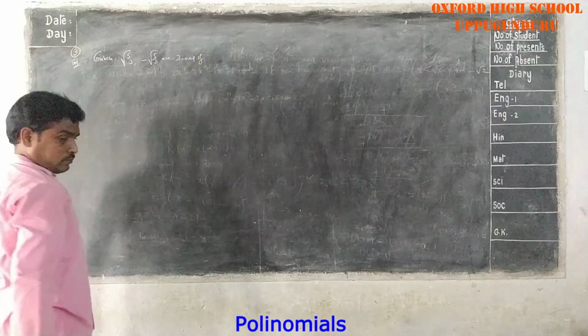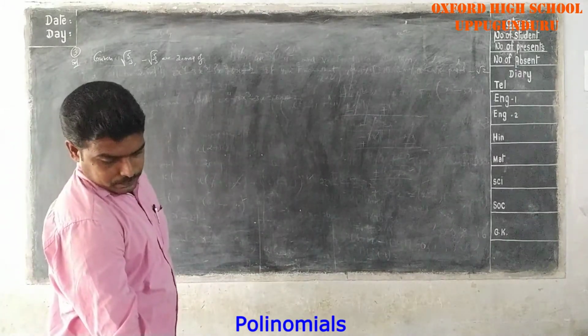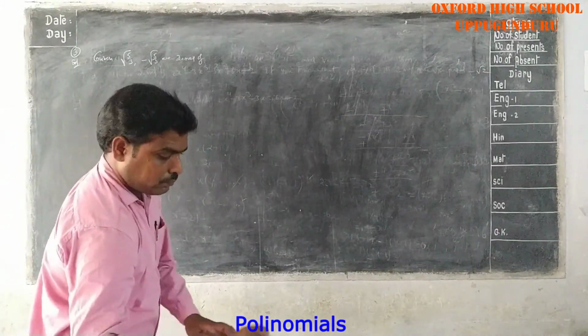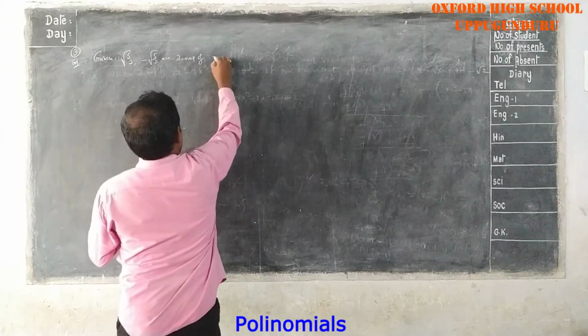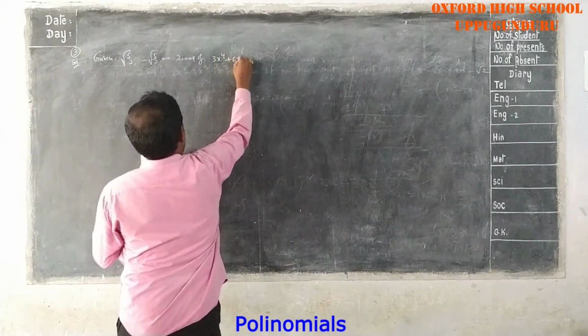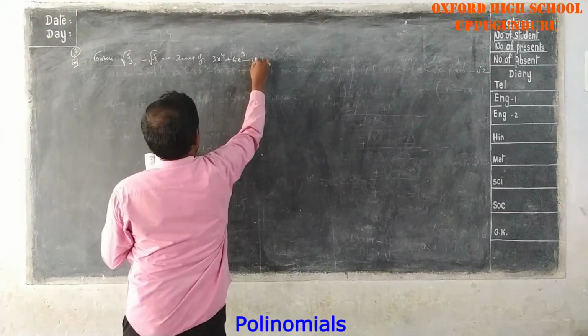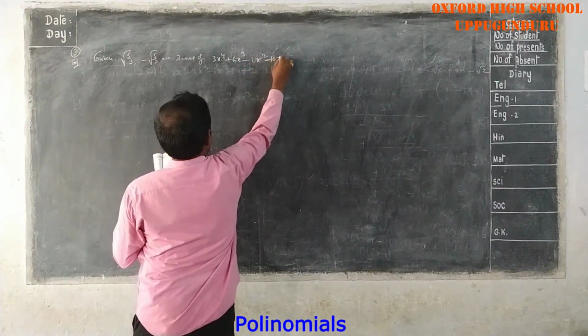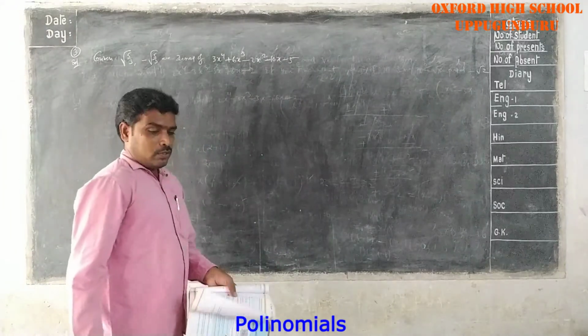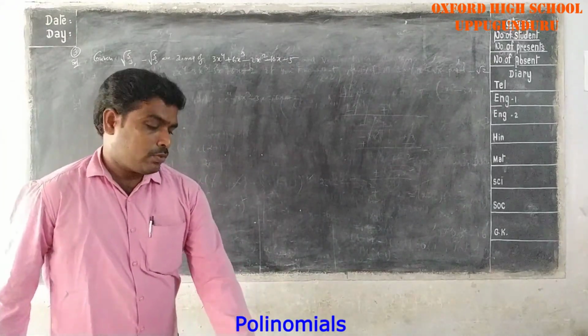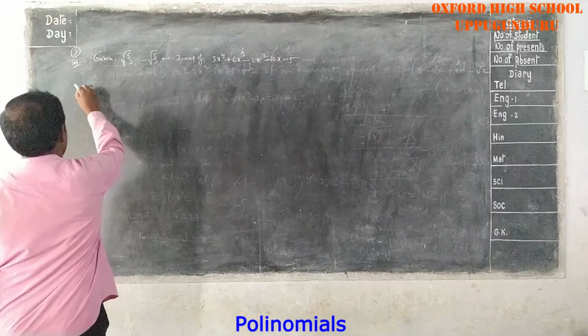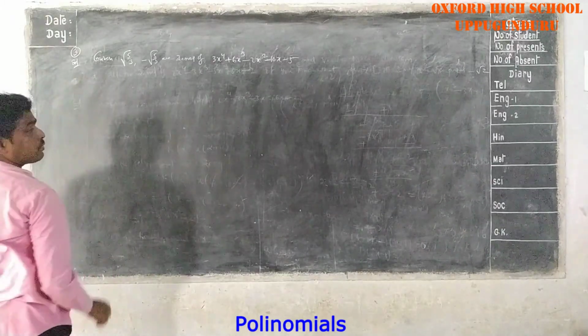zeros of 3x power 4 plus 6x cube minus 2x square minus 10x minus 5. You have to find the remaining two zeros. In the way we did example 11, in the same manner you have to do this one.